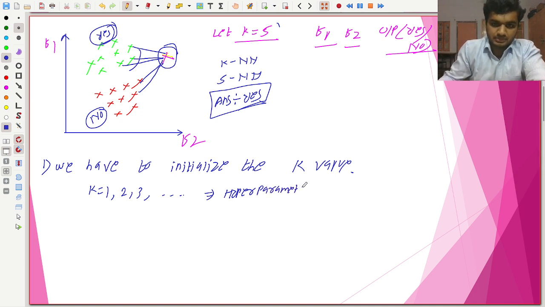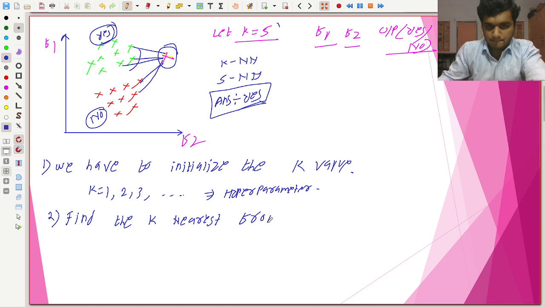The second step is to find the k nearest neighbors from the new test data.